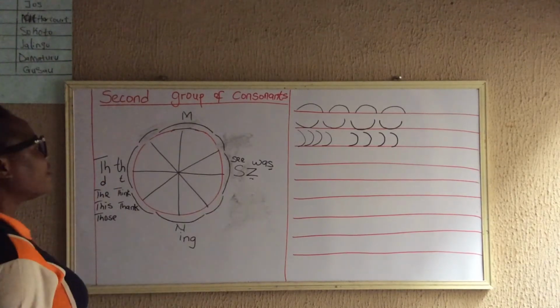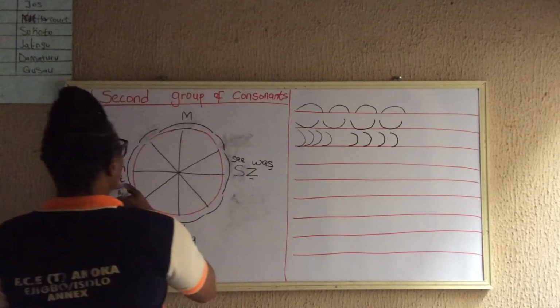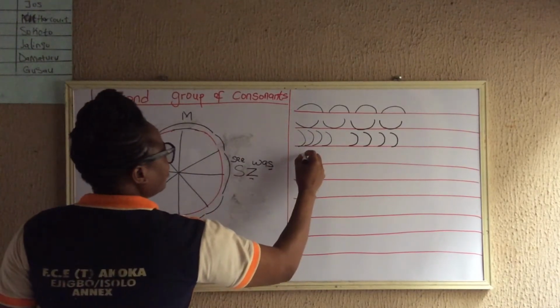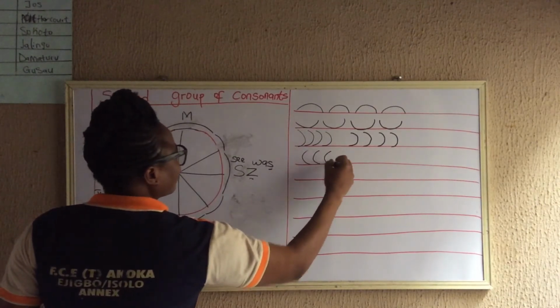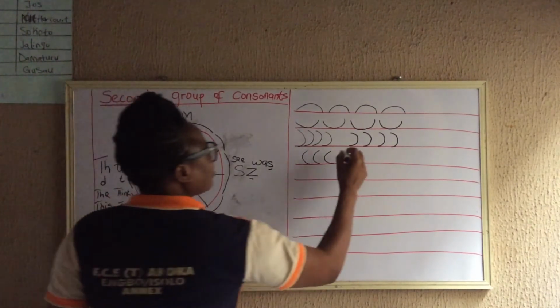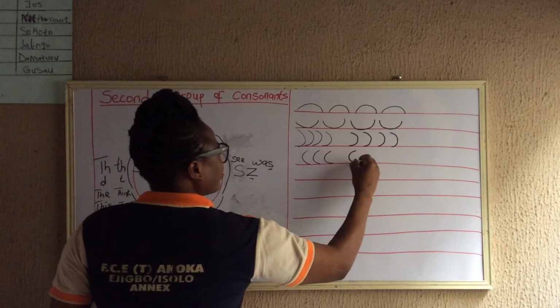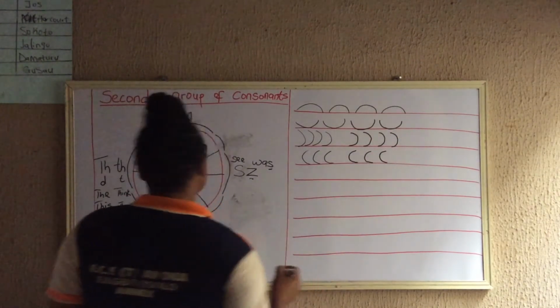It goes in a C form. The lighter one for TH, while the darker one for TH as in D. Good.